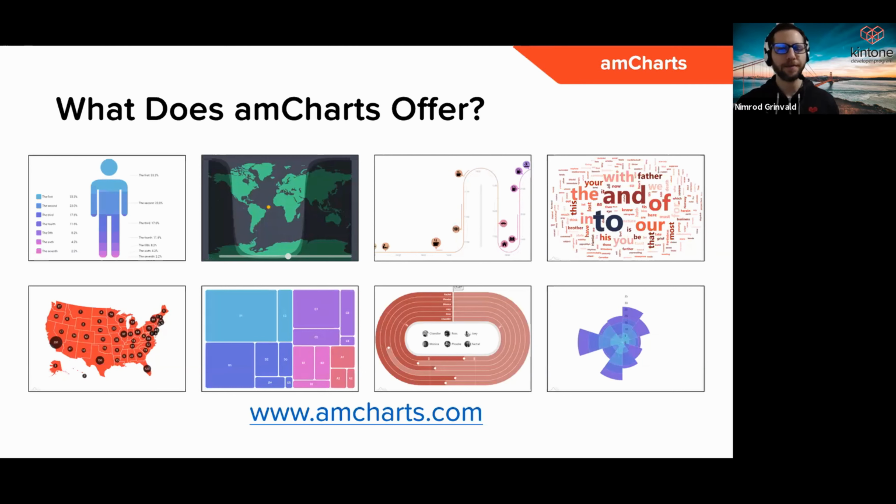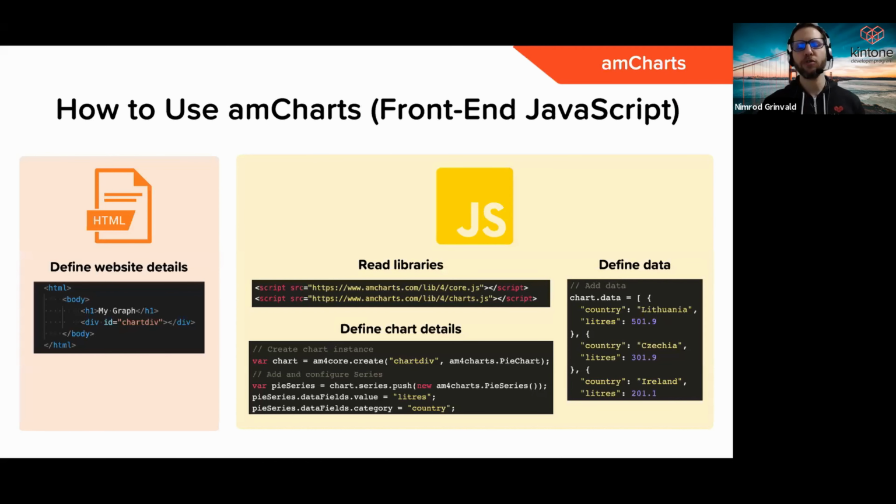Now, typically, when you're using a library in JavaScript on the front end, there are a few parts we have to make sure we hit in order for the library to get instantiated and used appropriately. First, the libraries on the JavaScript side have got to get read in somehow.